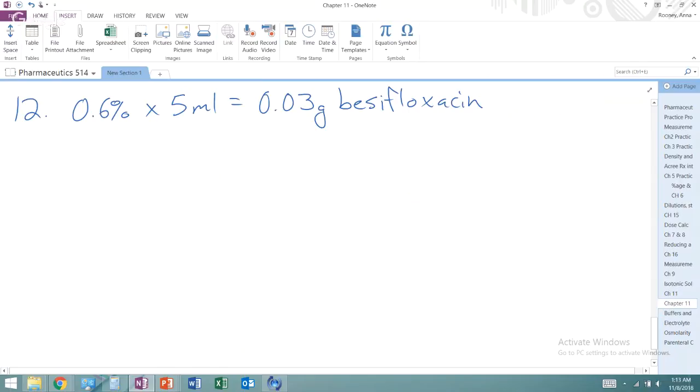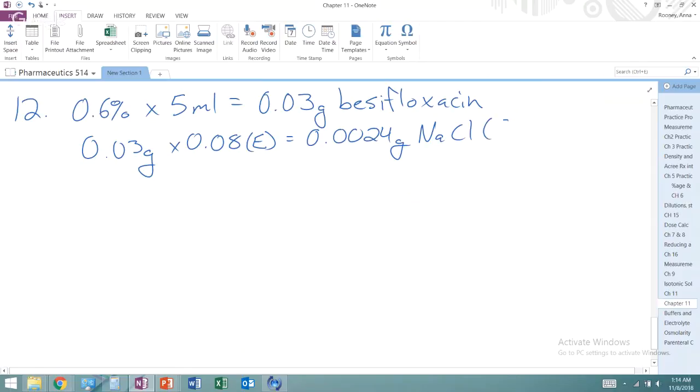Then we have to find the amount of sodium chloride, so this is the stuff that's already in there. So then we have to figure that out. That is 0.03 grams times its E value, and that is 0.0024 grams sodium chloride equivalent.